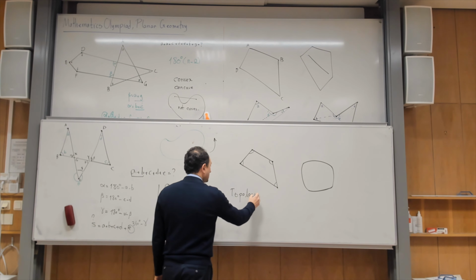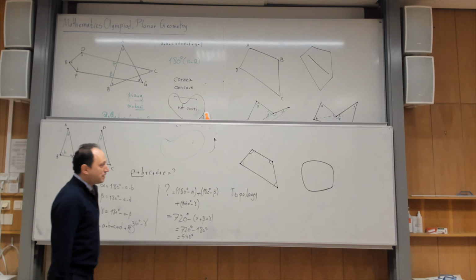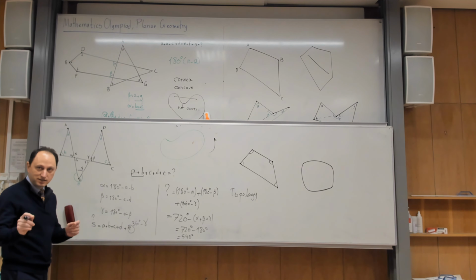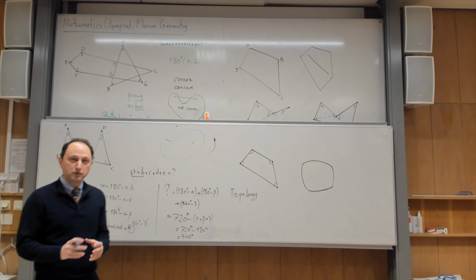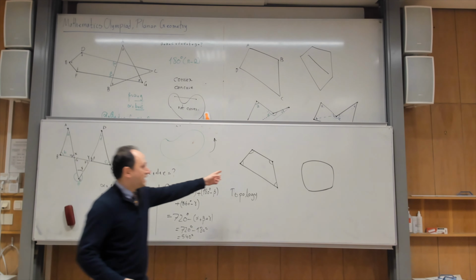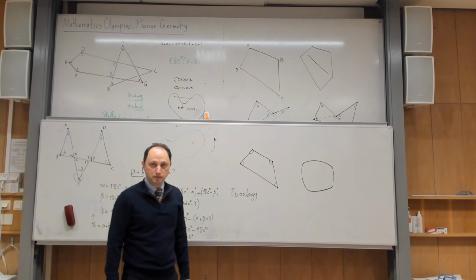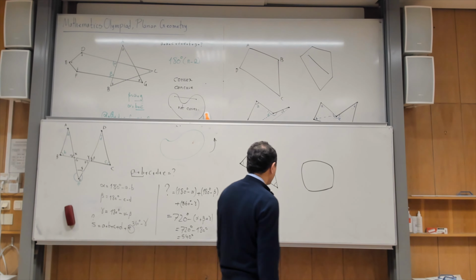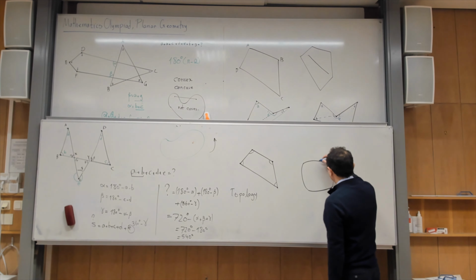In topology, we are somehow related with geometry, but geometry cares about lengths and distances, while here we just care about continuity. If continuity is not changed, that and that in topology are the same shape. Okay, and then what I say is this. Start from a point here. Just imagine a direction.